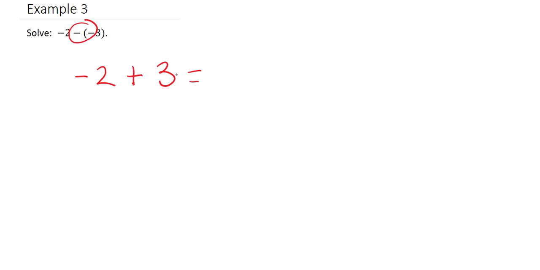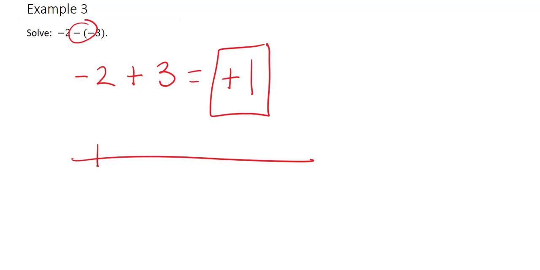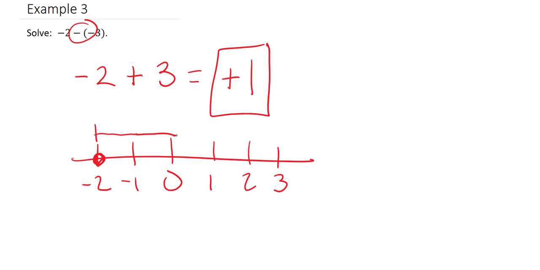Well, if we think about it, we could just also change the order where we go 3 minus 2, and that would get us to +1. Or, if you think about it on a number line, if we start here, we need to go over 3 because we're adding 3 to it. 1, 2, 3. We end up at 1.